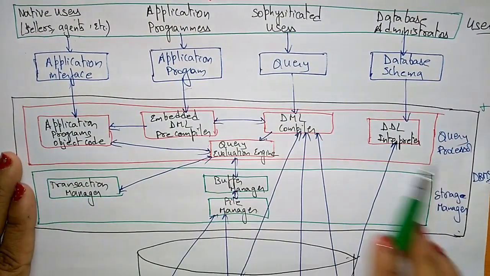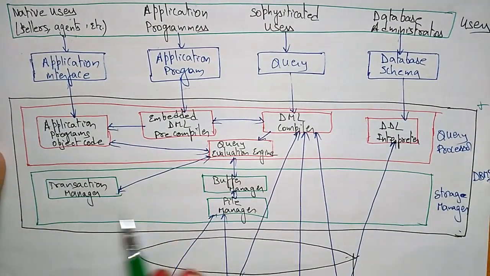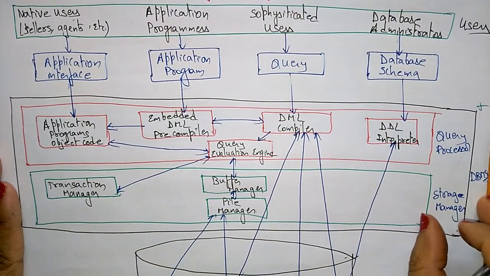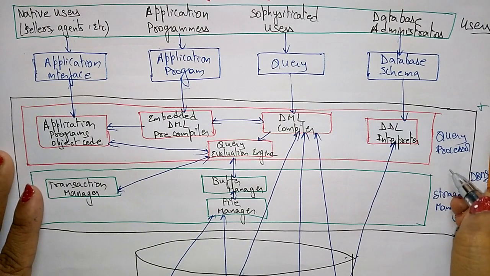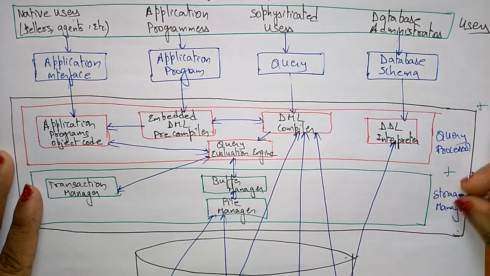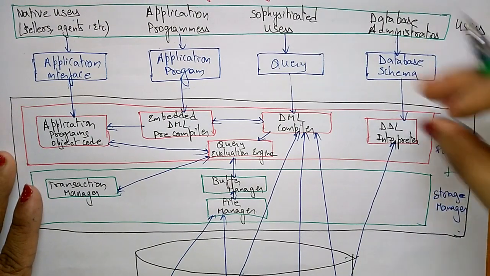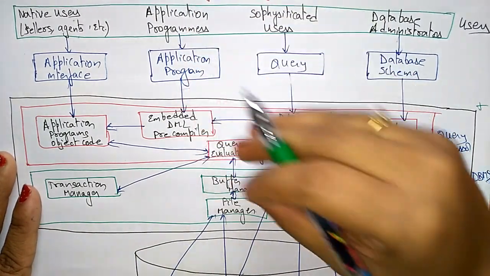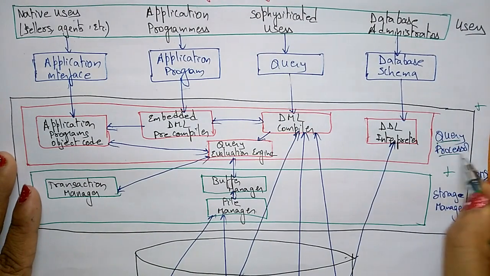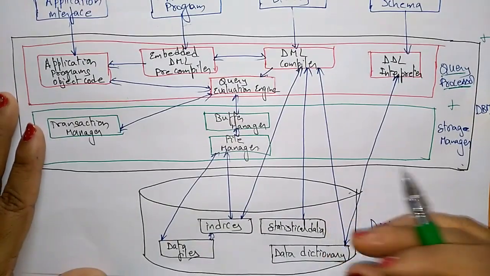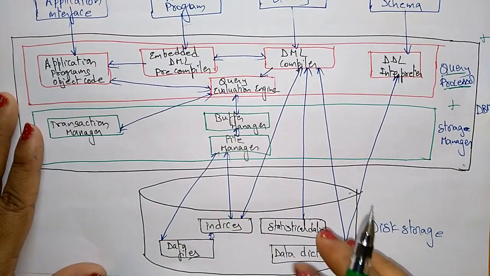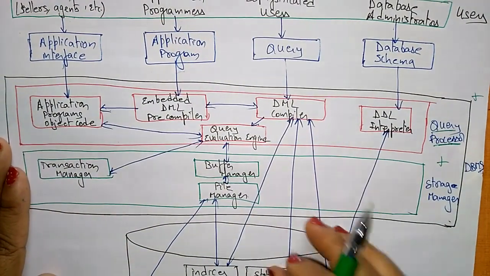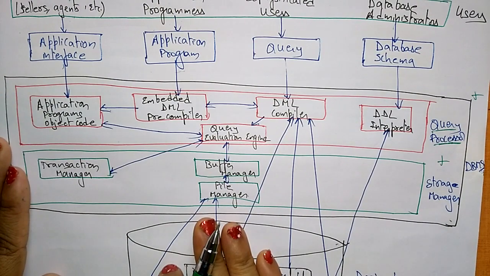Now coming to the database management system software. What will be there inside this software? Here the database management system is divided into the query processor plus the storage manager. The information the users ask for is converted by the query processor, because the database can only understand the query processing language.